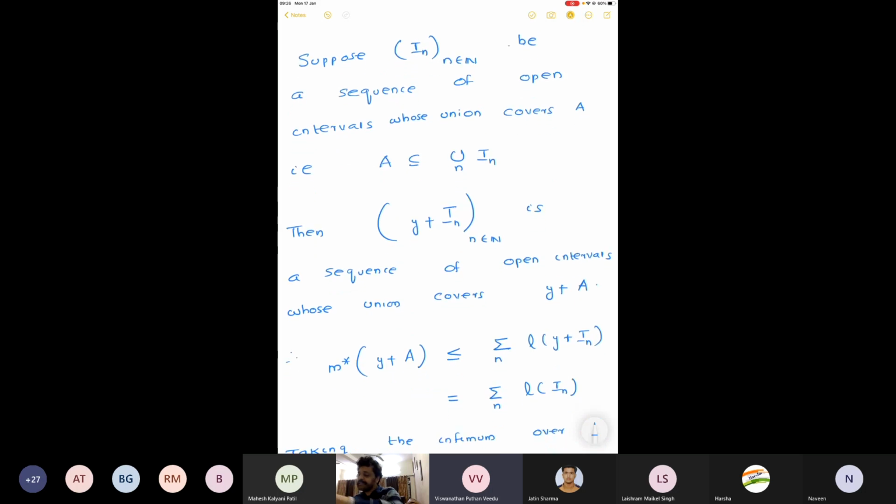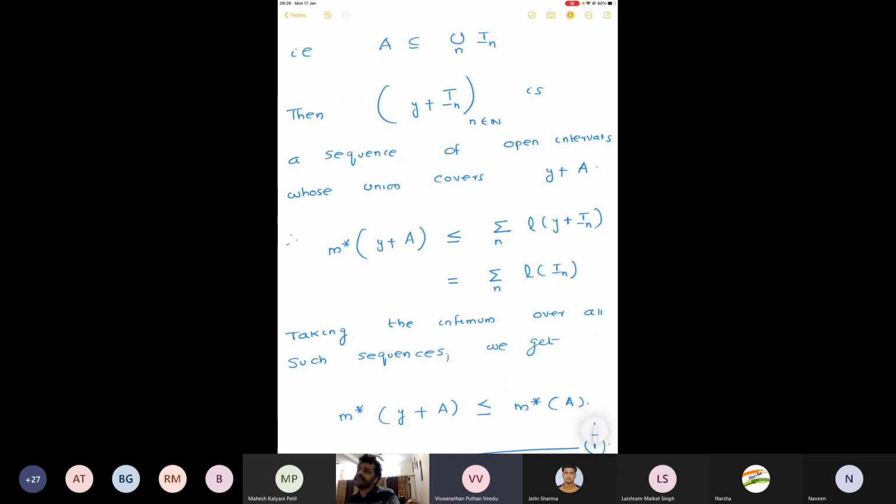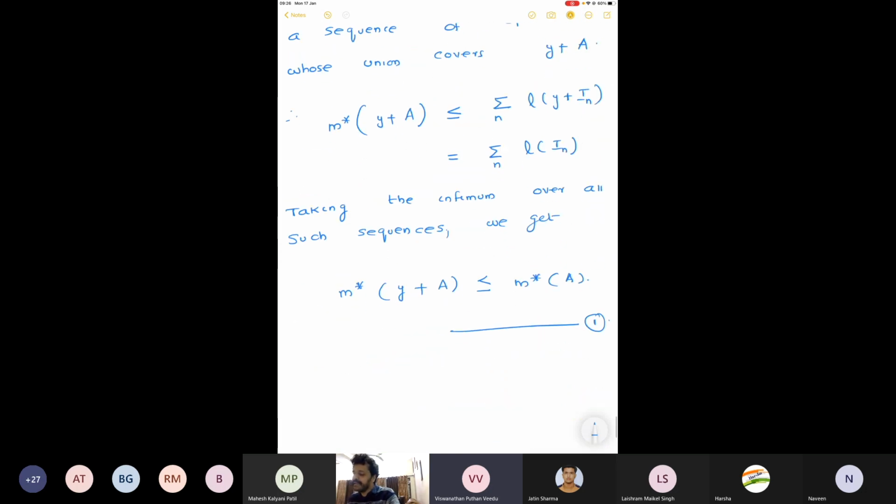What you have proved is if you have A, then its translated version y plus A will have measure less than or equal to the original. Now I want to get the reverse inequality.